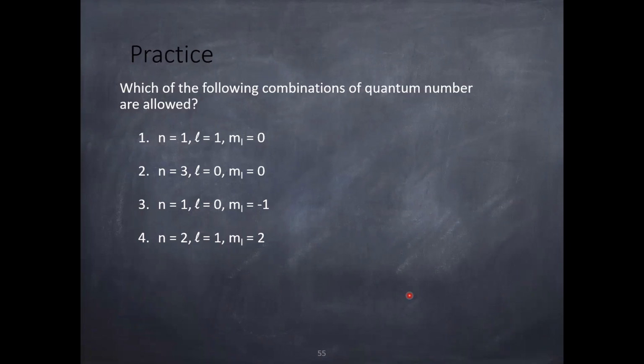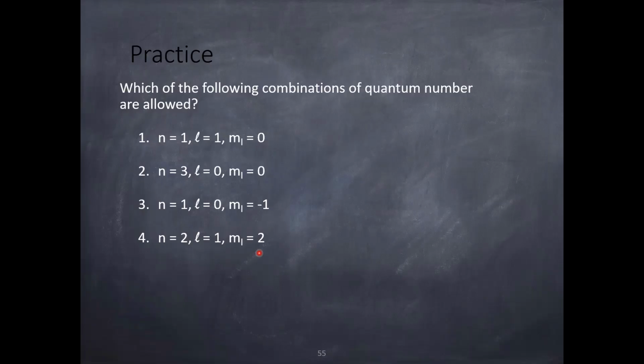Think about how each previous quantum number is going to affect the next. So think about if n is equal to 1 or 3 or 2, what that means for L. And then based on what L is, think about how that's going to affect m sub L. So think about how the angular momentum is going to affect the magnetic quantum number. But again, you're going to want to pause it because I'm just going to start going through these ones.